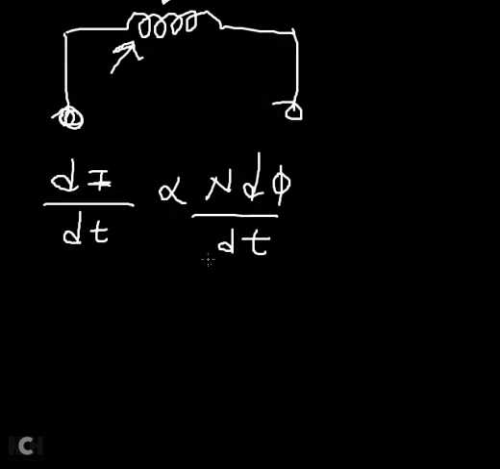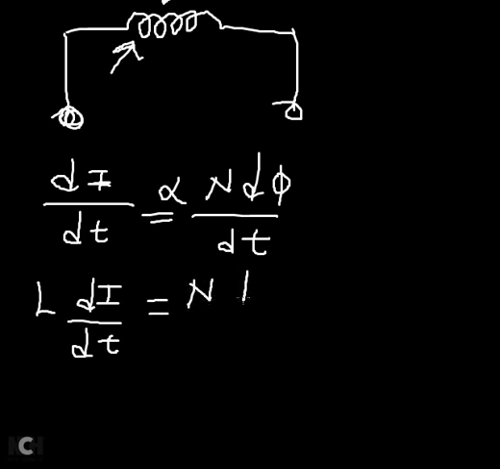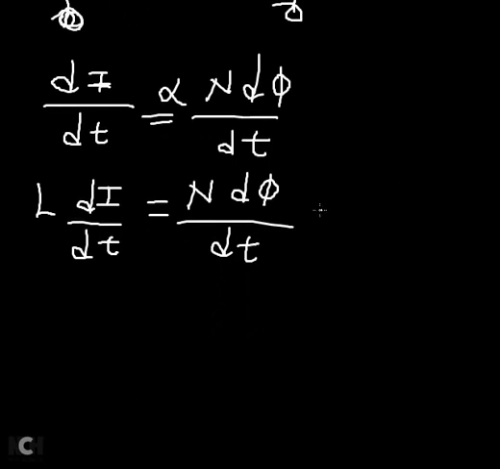So of course, if I replace this proportionality by an equal to, I have to introduce a constant. This time around, that constant is L, which is equal to N dΦ/dt, and you know very well that this is equal to the EMF.